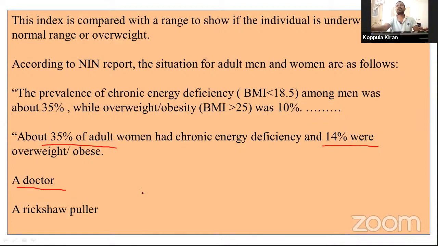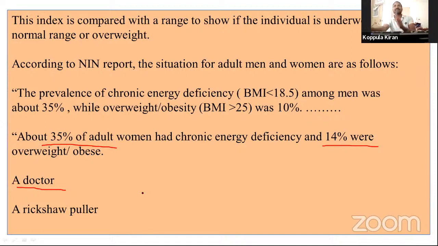So generally, our public distribution system, the PDS system, provides 35 kilograms of food grains distributed to one family. These 35 kgs of food grains for one family are enough for 11 days only.